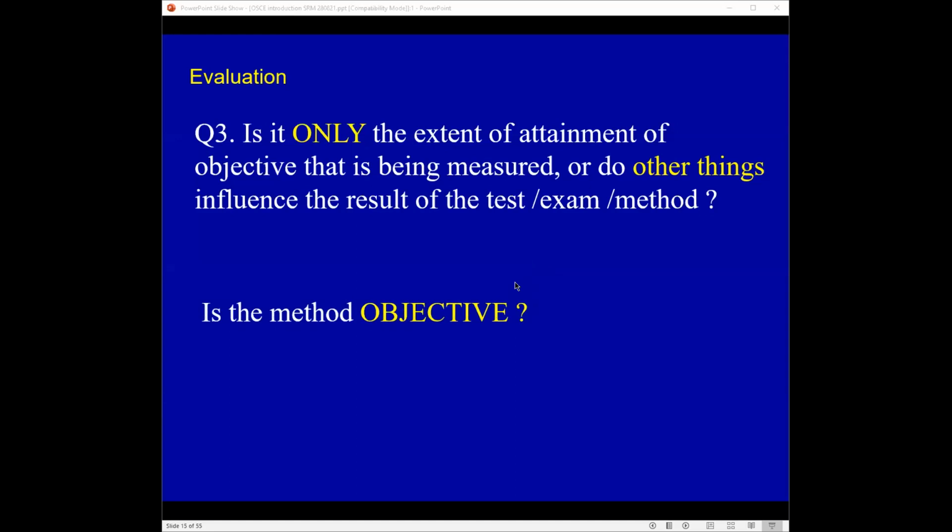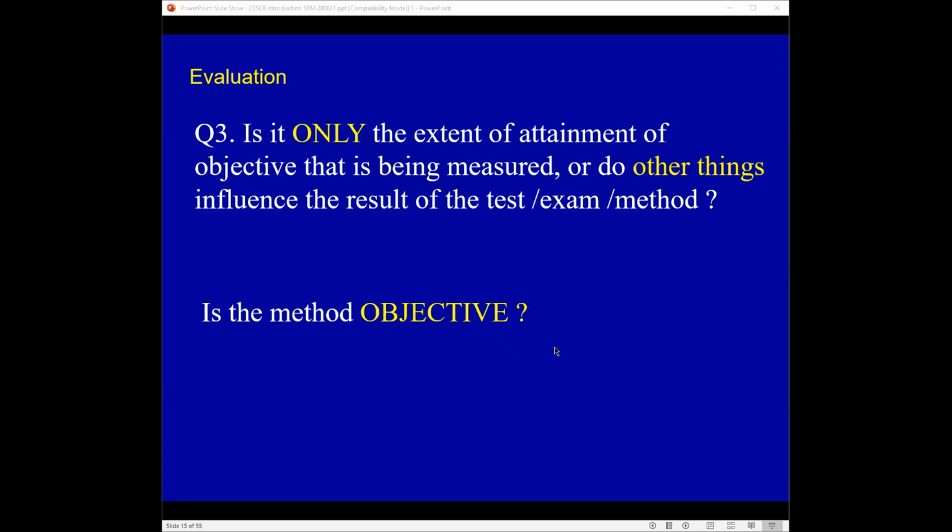So validity, reliability, and objectivity are important attributes of any method that we should use to assess the extent of attainment of an educational objective.